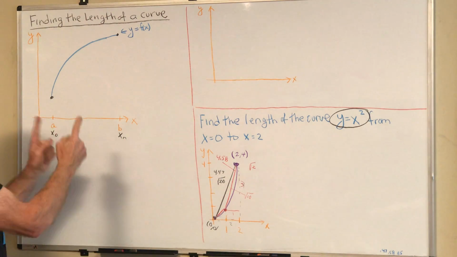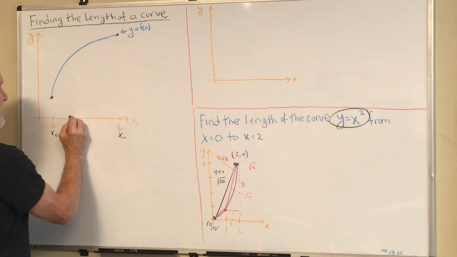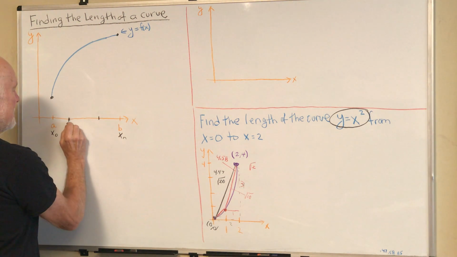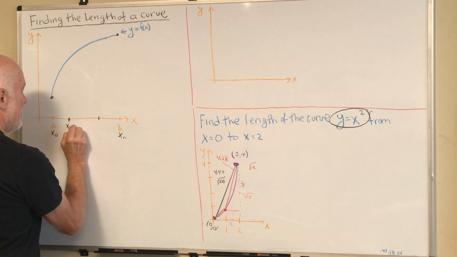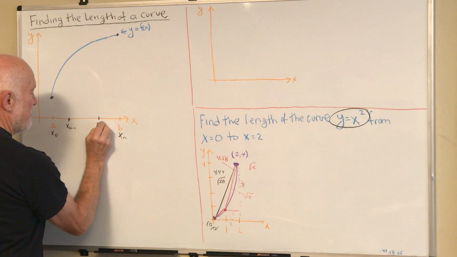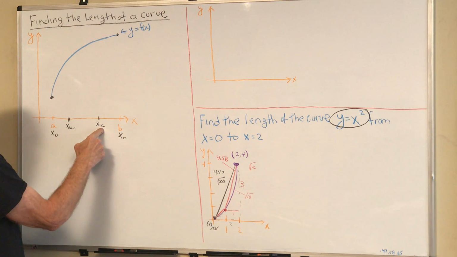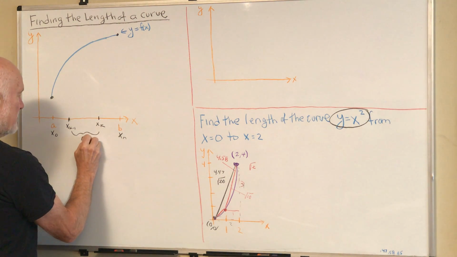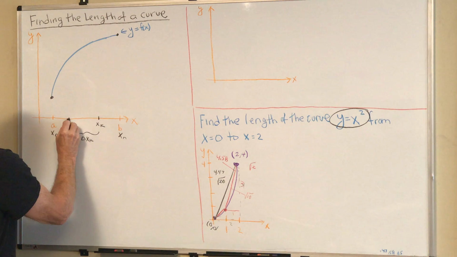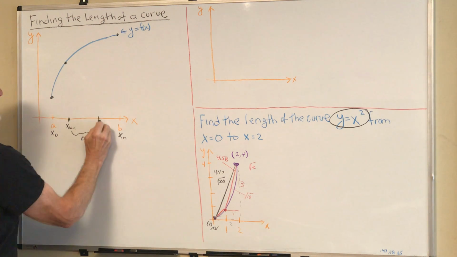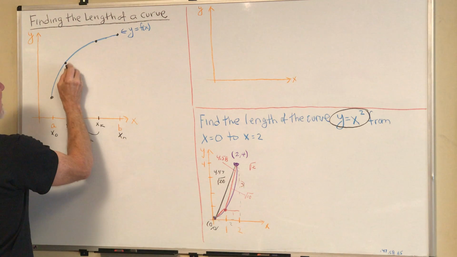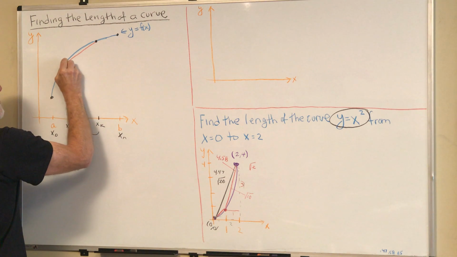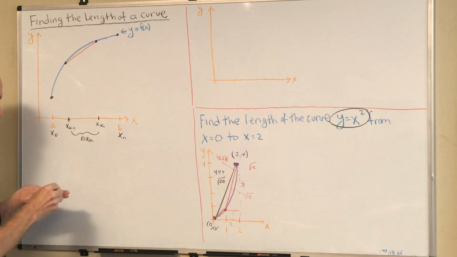And let's just take a representative one, like we've done many times before, and we'll blow it up in size just so we can see what's happening. This is the kth subinterval right here, from x sub k minus 1 to x sub k. And we know this distance here we call delta x sub k. Well, if we went up to this point and this point, we'd have an estimate of this curve distance.